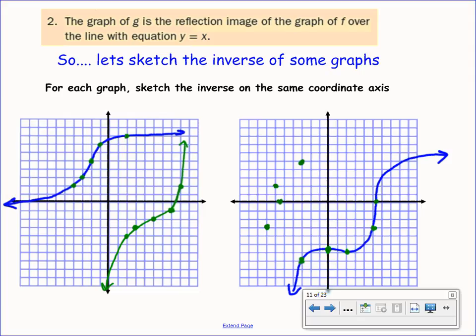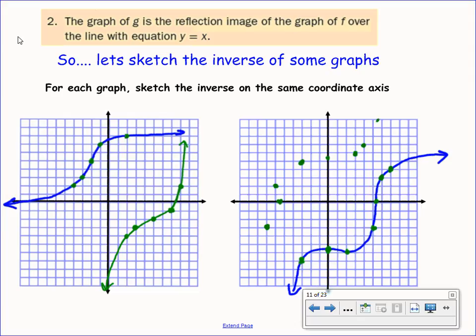I'll do 0 comma 5.3. 6 comma 3. 3 comma 6. 7 comma 4. 4 comma 7. And I go off at 10 comma 5.5, so I'll go 5.5 comma 10.